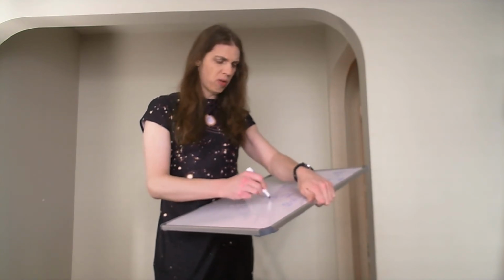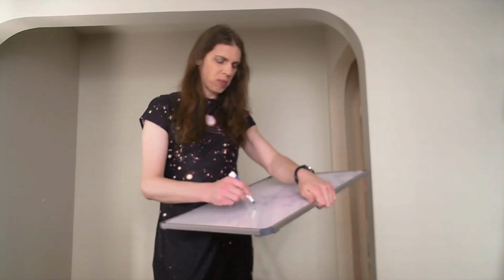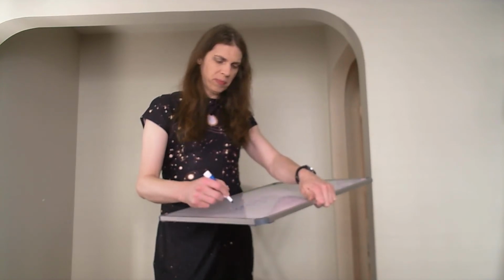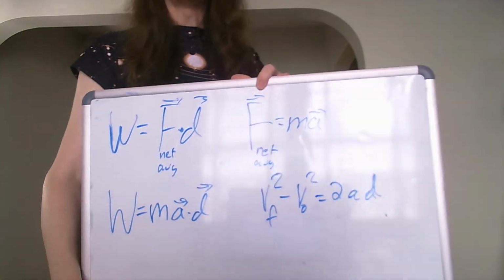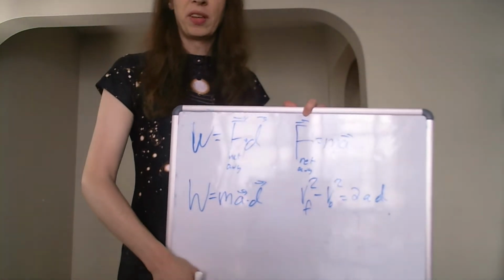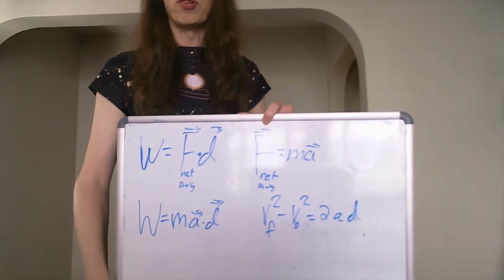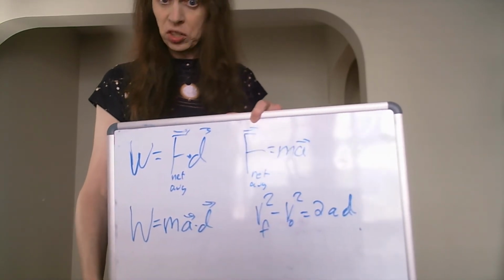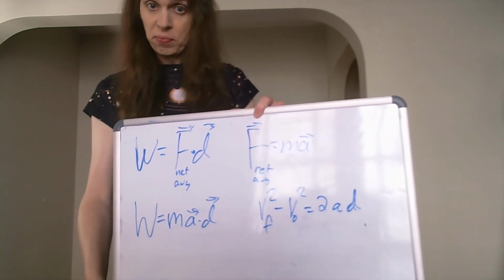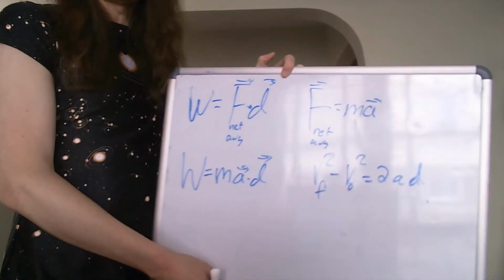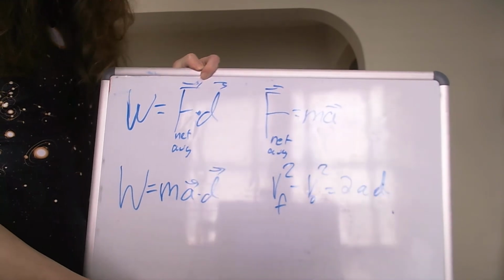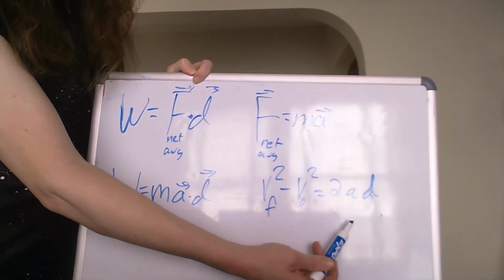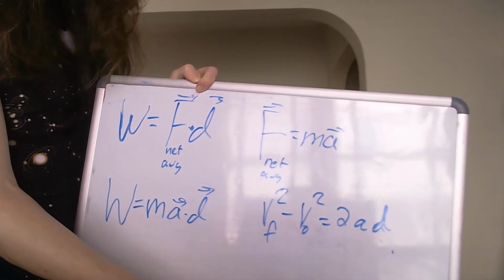When the acceleration and the distance traveled were in the same direction as each other, the relationship between those and the speeds is as we see over here.